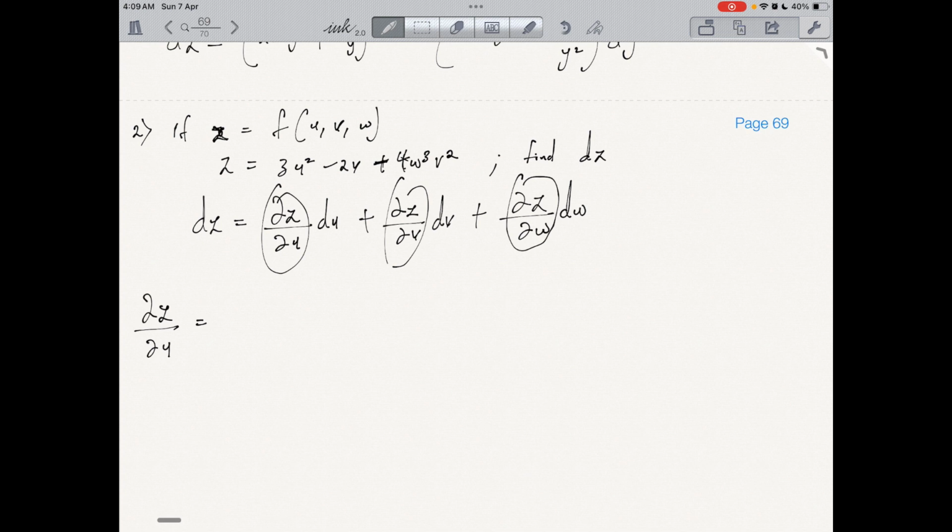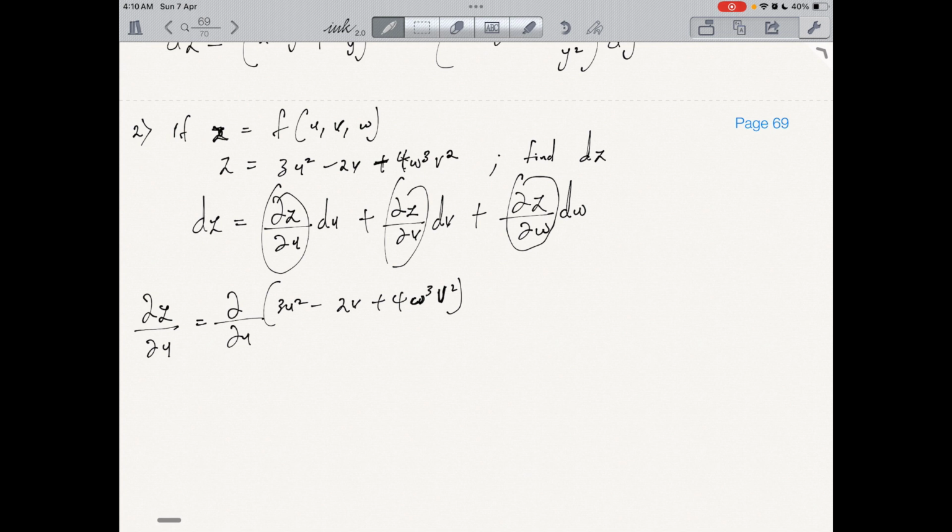That means we are going to be differentiating d/du of 3u squared minus 2v plus 4w cubed v squared. Now, while differentiating partially with respect to u, the other variables are being kept constant, and that means both v and w are kept constant.